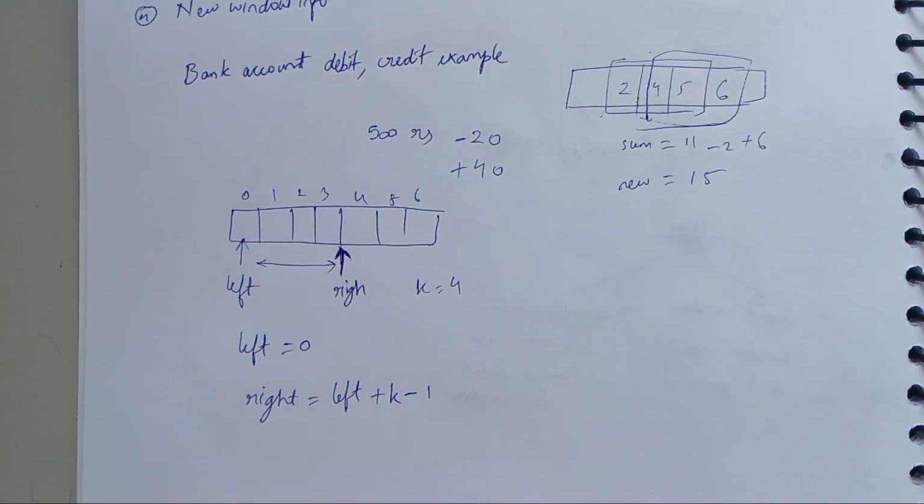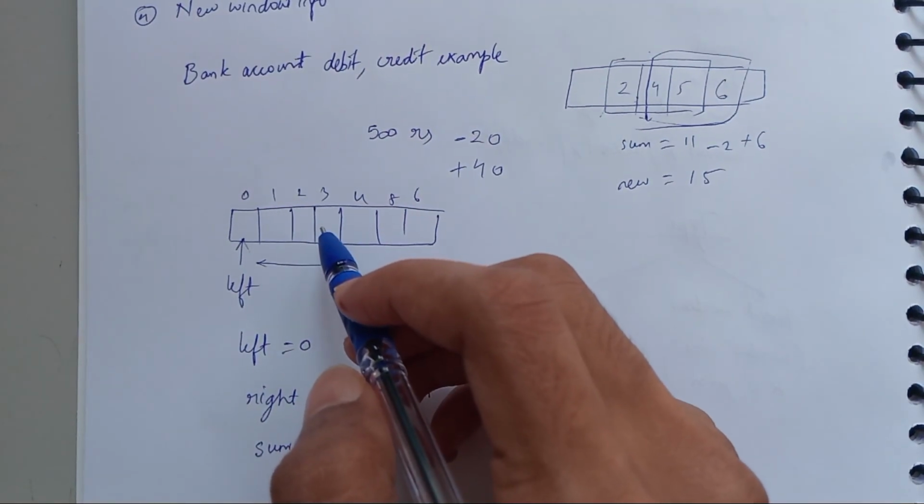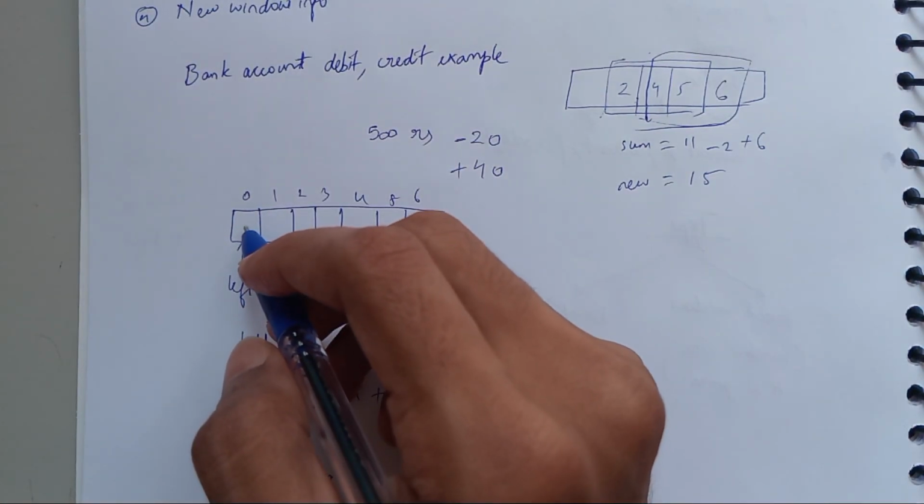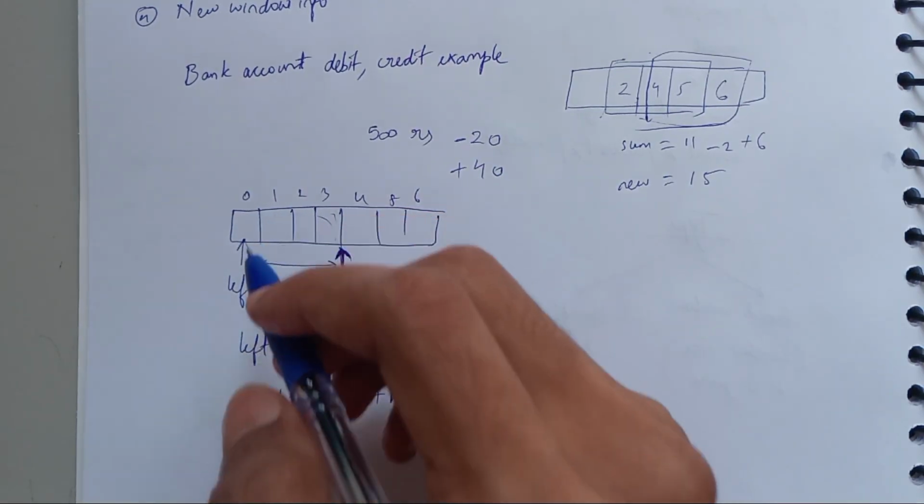Now we initialize one more variable, that is sum, which will be set to 0. We also initialize this result, which is also set to 0. Now first let us calculate the sum of this subarray.